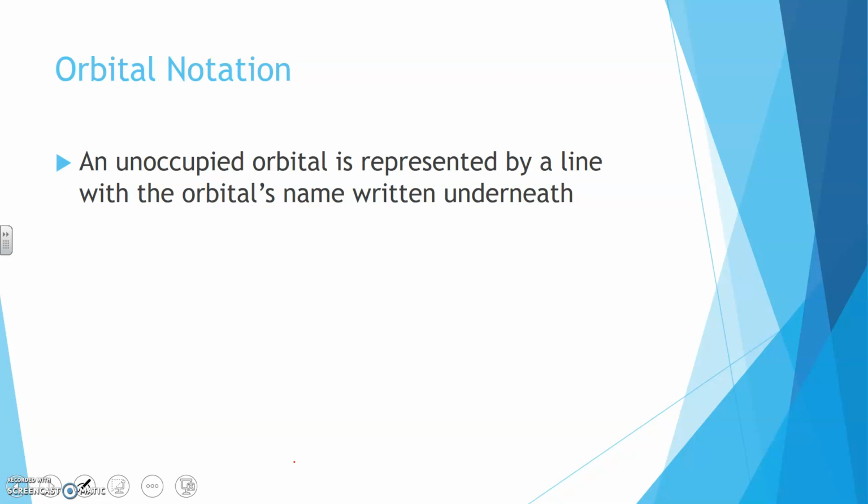An occupied orbital is represented by a line with the orbital's name written underneath it. So it will look something like this, or an unoccupied orbital. Now, if you're writing out an S, you only have one line. Any energy level S orbital will just have the one line. If you're writing out a P orbital, you have the 3 lines.